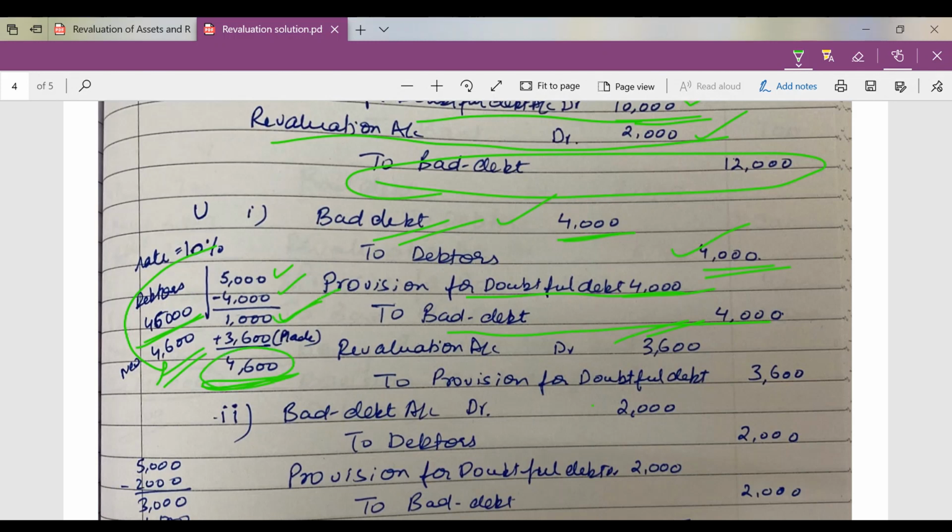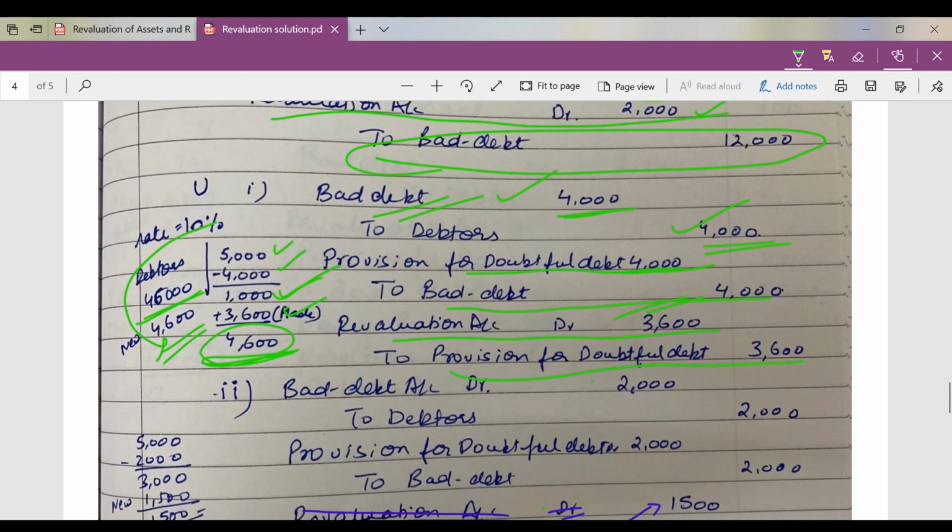So I have to make a provision of 3,600. So the entry for that would be revaluation account debit to provision for doubtful debt, that is 3,600. So here provision for doubtful debt that you have to credit is 3,600, for the amount that is lacking now to make it 4,600.